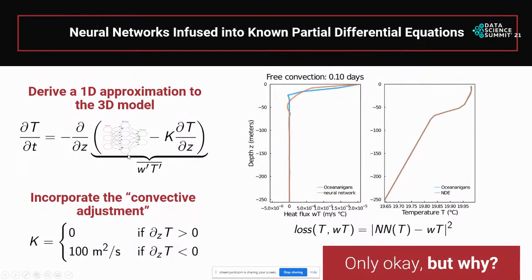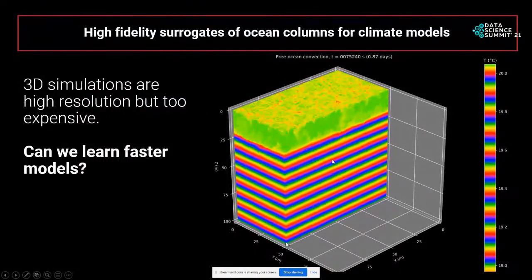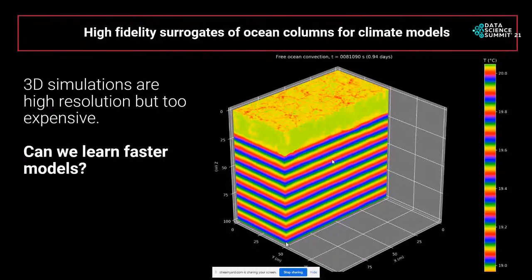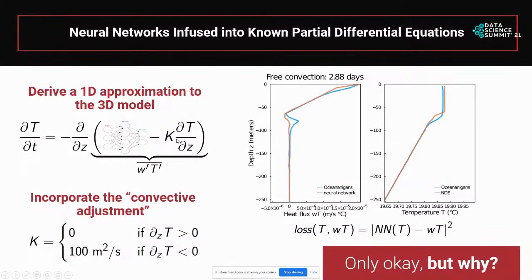And let's add a neural network to the part where we know there's a lot of uncertainty. The convective adjustment is saying that the heat going down from the top moves almost linearly through the ocean. That's just that one property, but there's also a lot of other stuff going on.